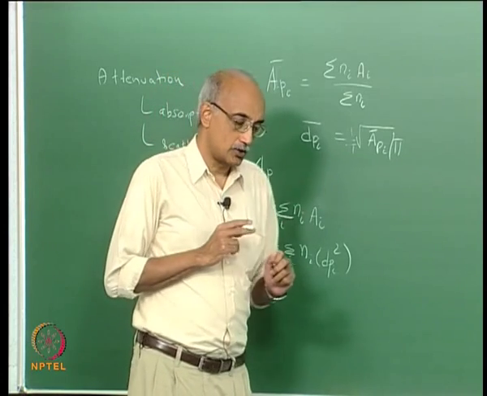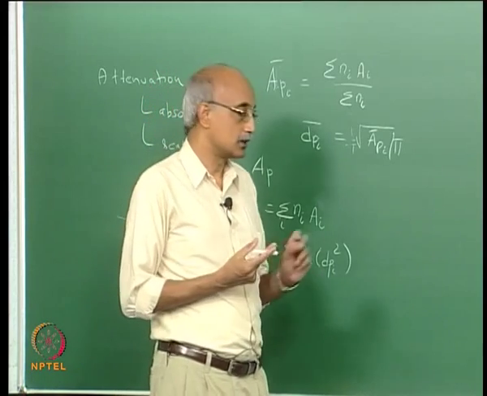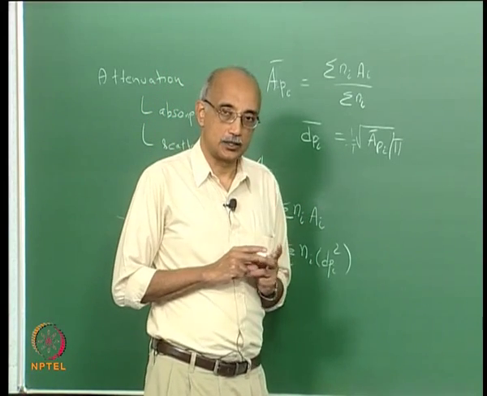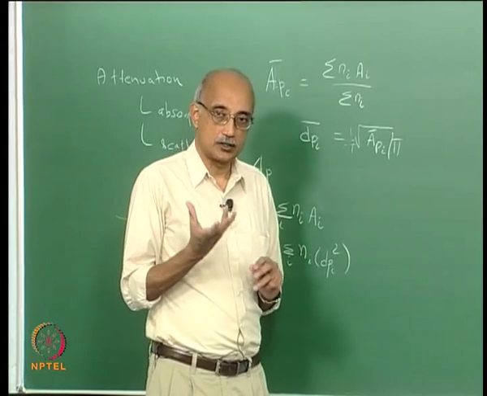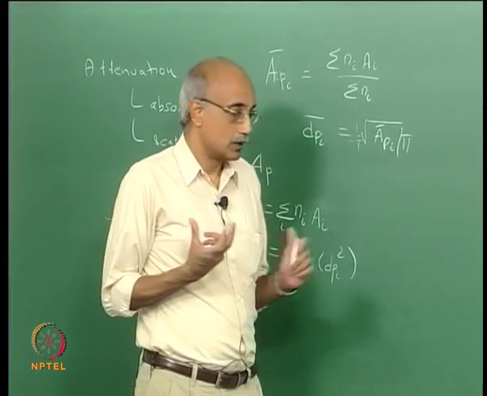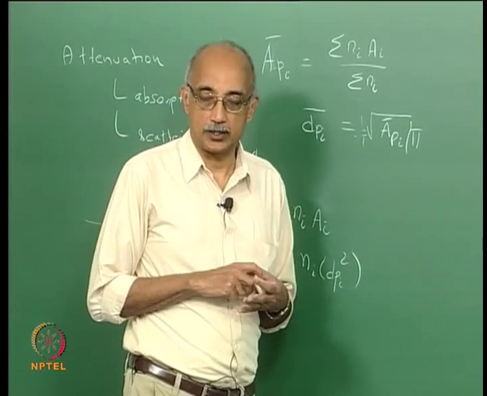So let us say that you have estimated an average particle size based on this technique. Now there are many ways of calculating the mean size of a population of particles. The size that we calculate this way is called the area mean diameter.